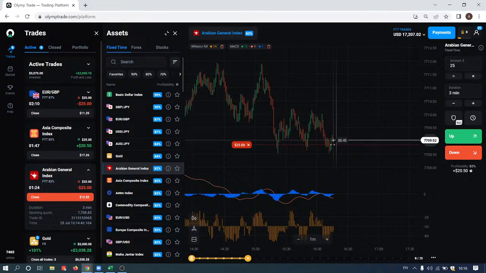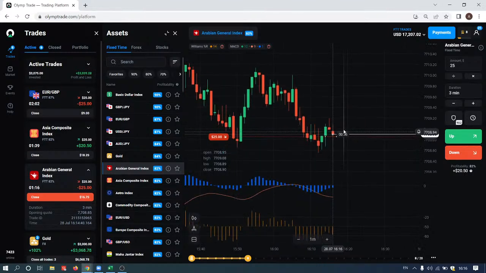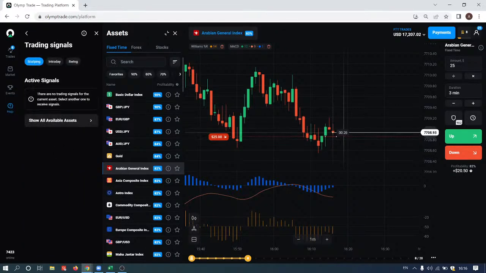So this user says, use trading signals. Let's see whether it's a loss or a win or profit. So guys, you can check out our trading signals, which are, where are they? They are here in the help section, and you want to scroll down to assets.